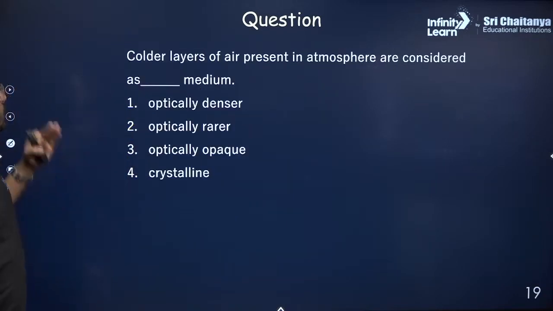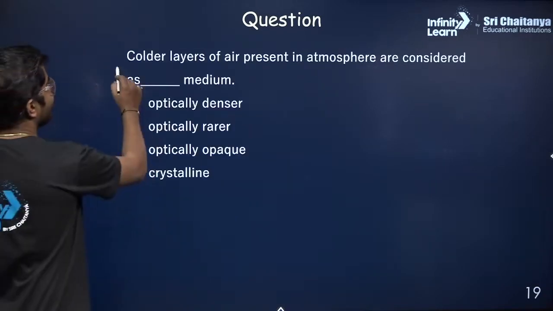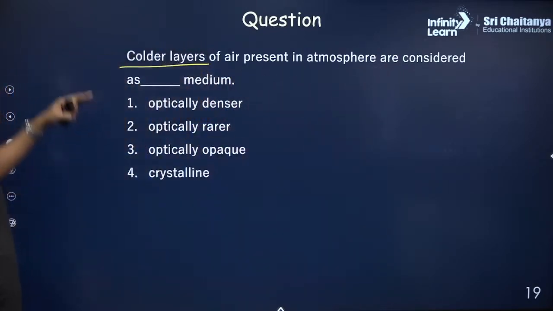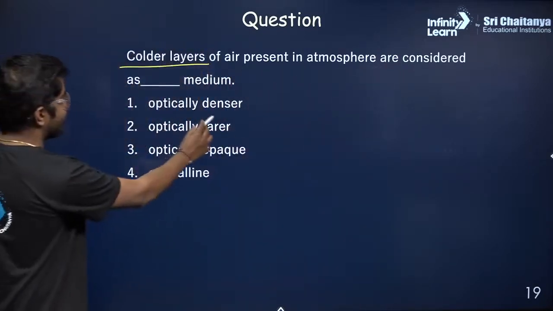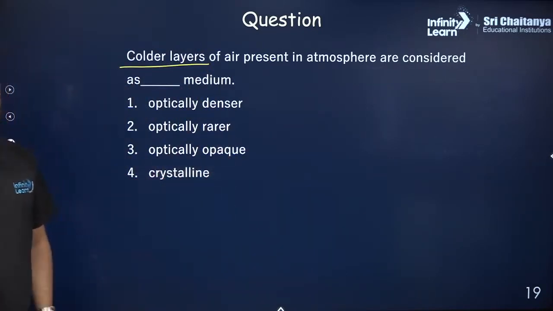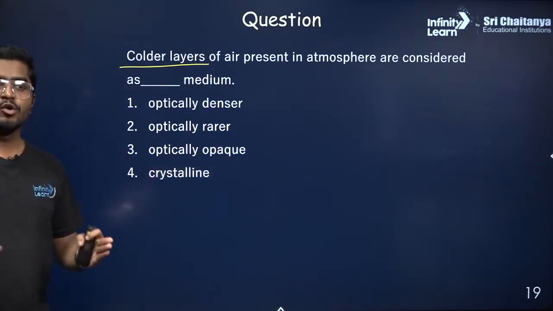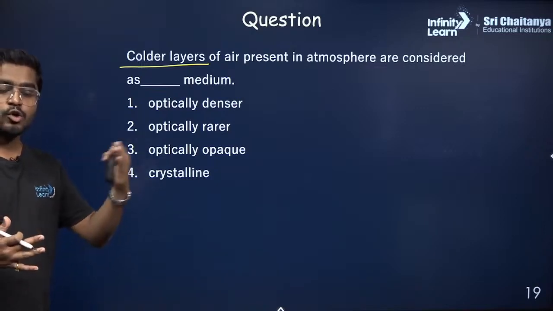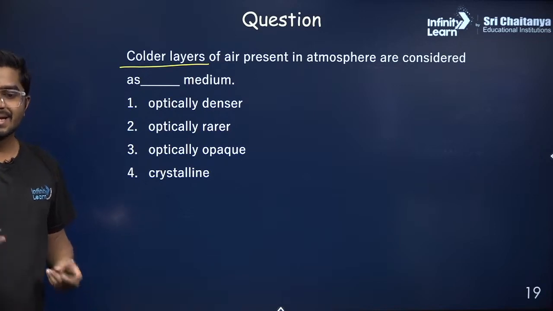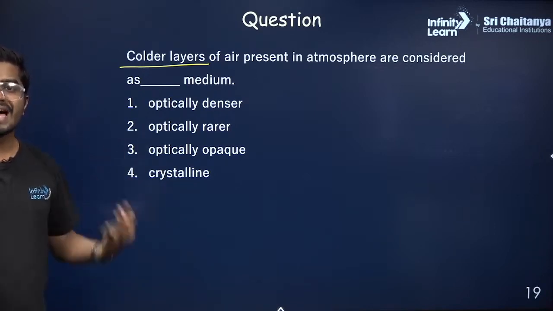Okay. So now the colder layer of air present in the atmosphere is considered as optically denser, optically rarer, optically opaque or crystalline. You remember I told you the cold layer or the cold air will be denser. It will have a lot of molecules, a lot of gases.